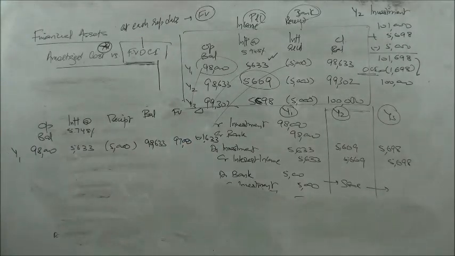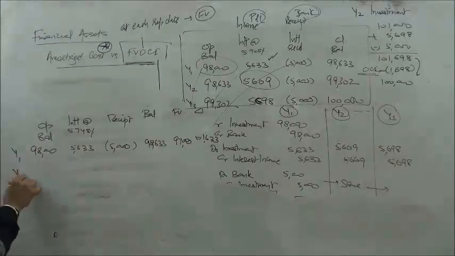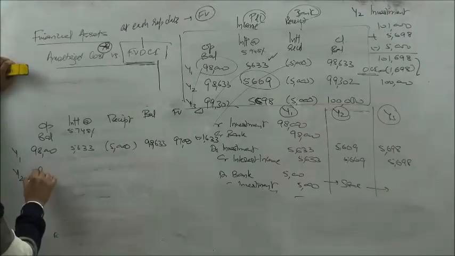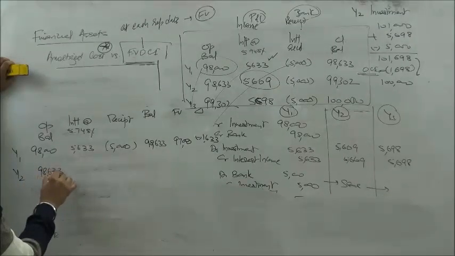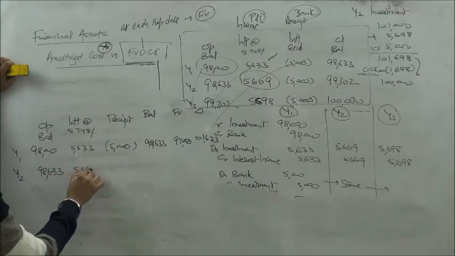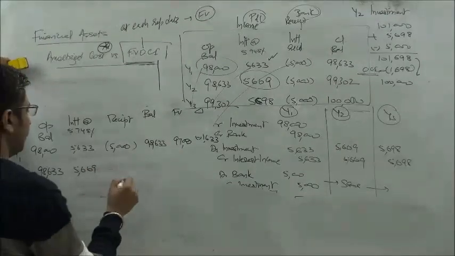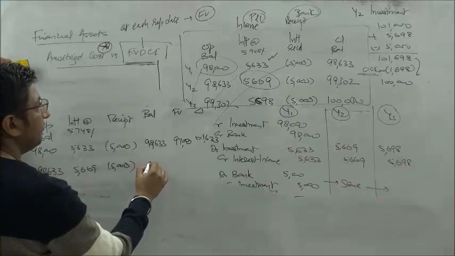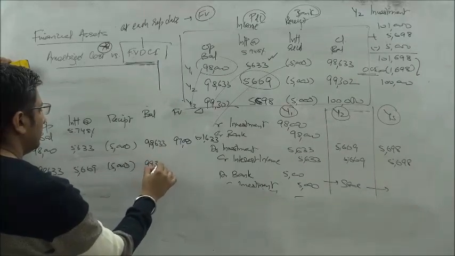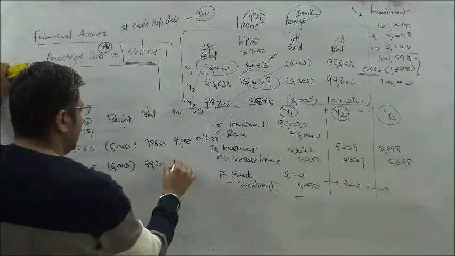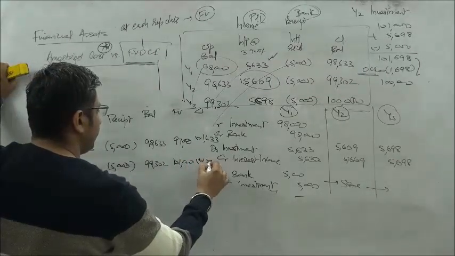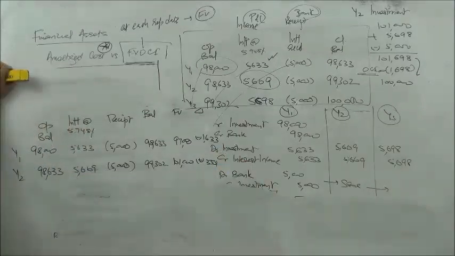Now we go to year 2 and do the same calculation. Essentially, it is 98633. Then we say 5669, minus 5000. This gives me a value of 99302, but I need to show it at 101000. That gives me, of course, plus 3331, something I remember.